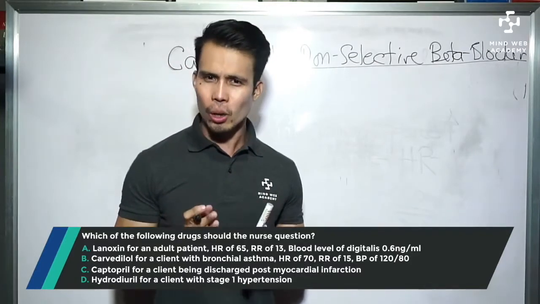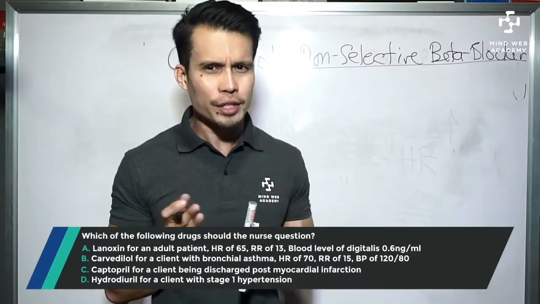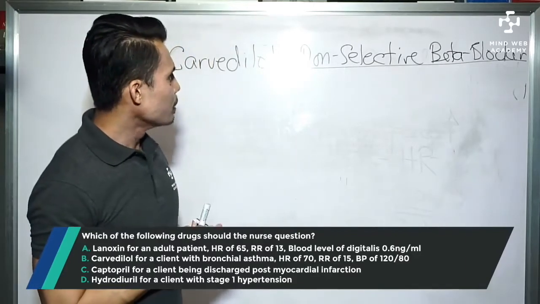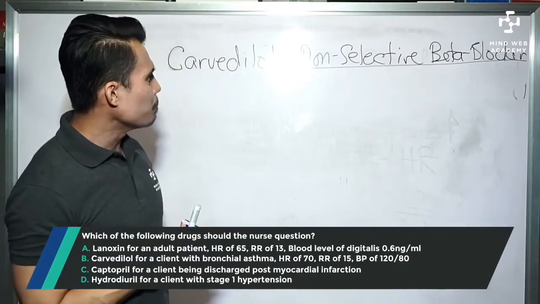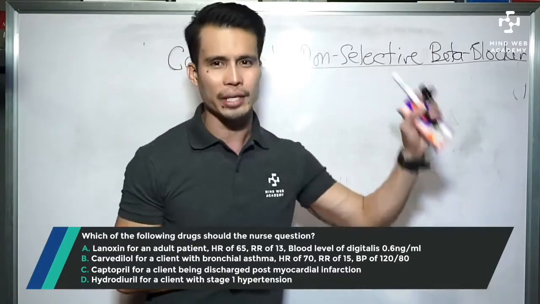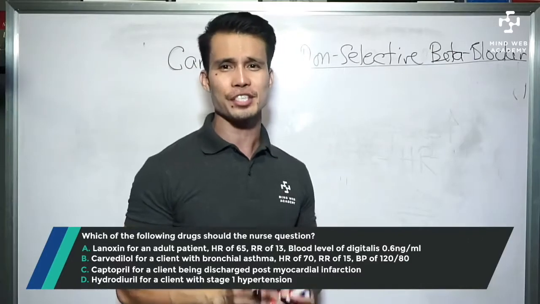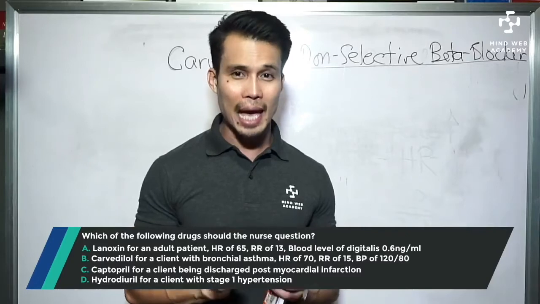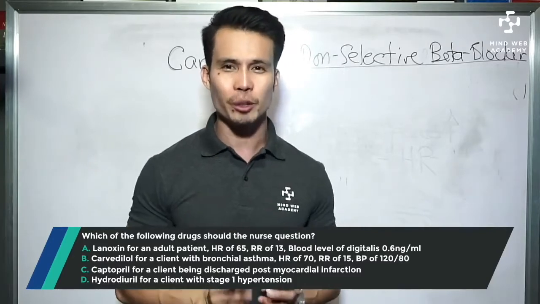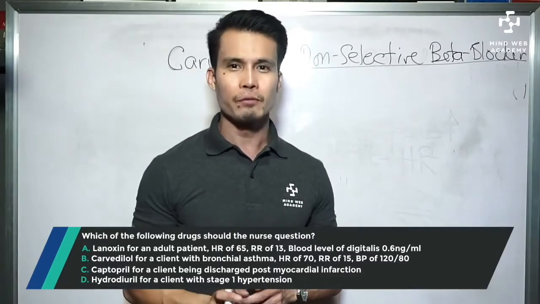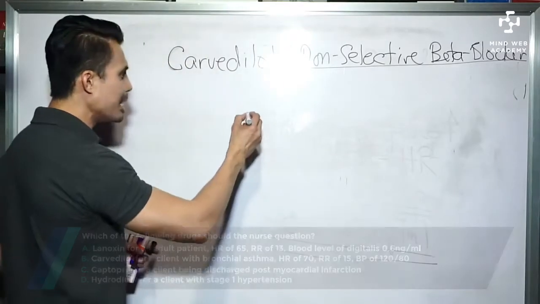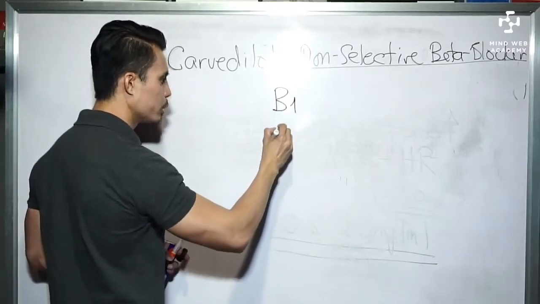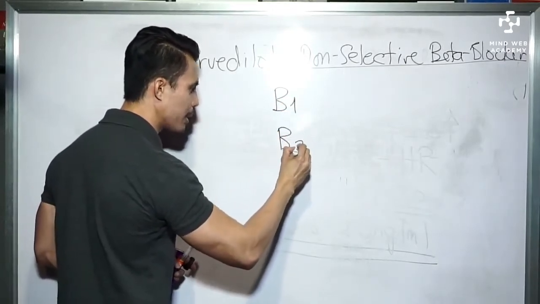I know medyo mahirap ng konti. You may find that quite difficult. Why? Because, sir, what's the meaning of non-selective beta blocker? When I say non-selective beta blocker, nurses, you can only understand that if you know your anatomy and physiology. For the purpose of discussion, in your anatomy and physiology, we have two types of beta receptor site.